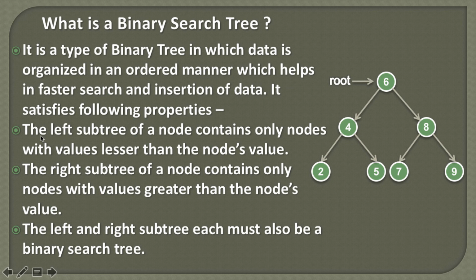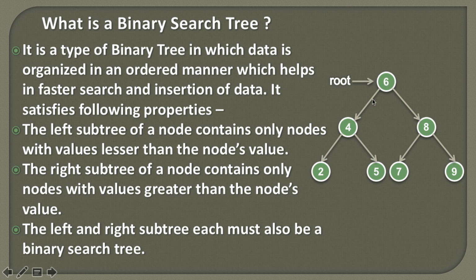Property 1 says the left subtree of a node contains only nodes with values lesser than the node's value. So what does it mean? Let's suppose we take a node having data as 6. All the nodes to its left, like 4, 2, 5, have values lesser than 6.